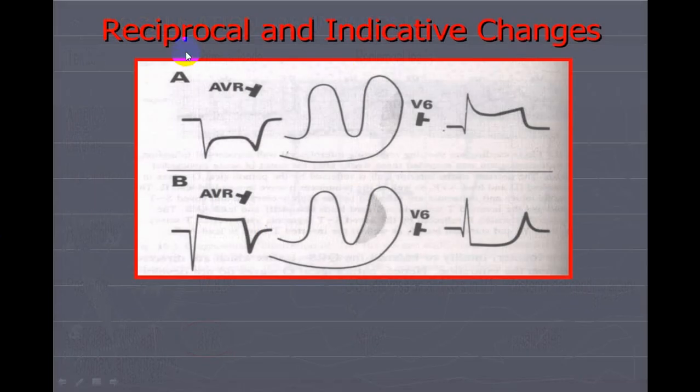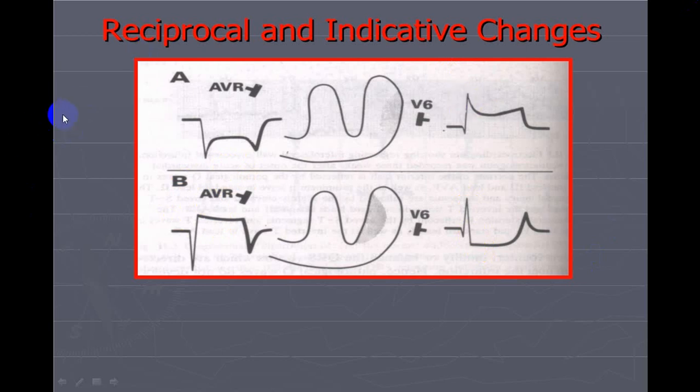So AVR can have reciprocal changes which are indicative of certain changes. It is a reciprocal change of V6. So if you have got an ST elevation in V6, there will be corresponding ST depression in AVR. And opposite of that, if there is an ST depression in V6, there will be ST elevation in AVR. So it is just reciprocal of V6.